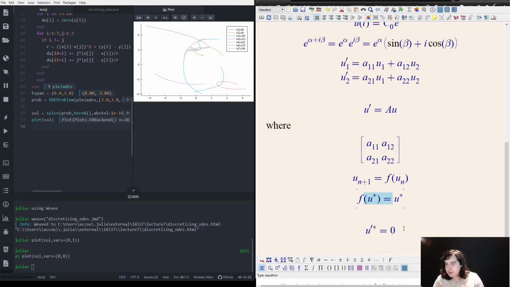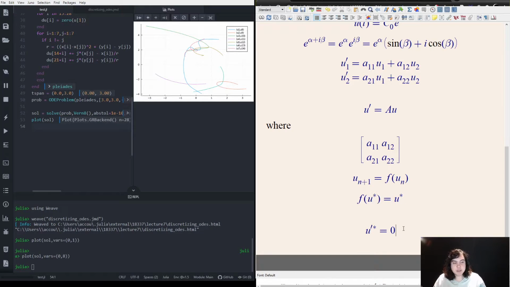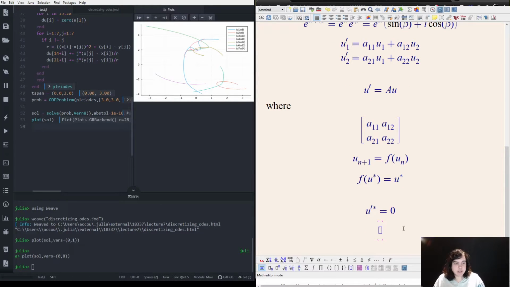When you're around a steady state, how do you know what your behavior is going to be like? You can do the same analysis as before. It's no different: you have u prime equals f of u, and you approximate it near the steady state as df/du at u star times u. This is the matrix-vector multiplication between the Jacobian and the vector u.